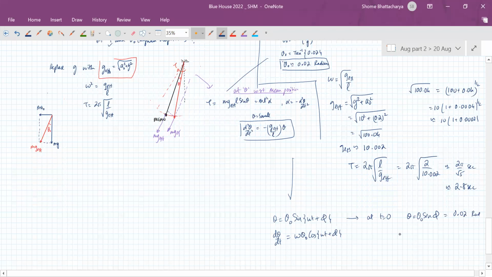Okay. And d theta by dt will be theta naught omega cos phi, which is 0. So from this you can see that phi will be pi by 2.